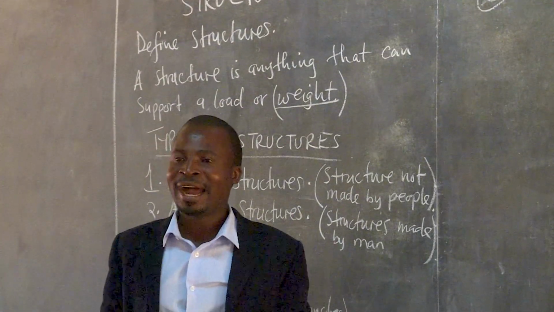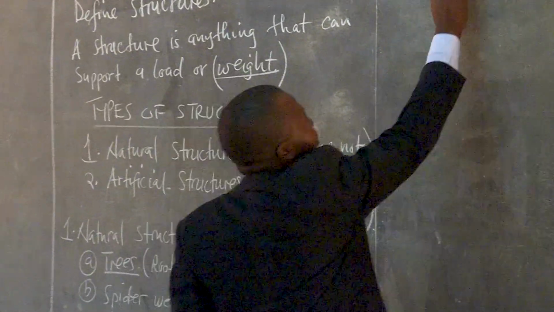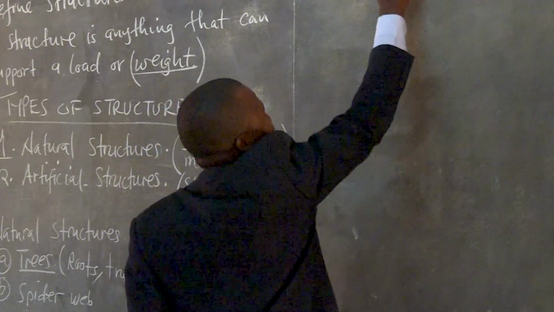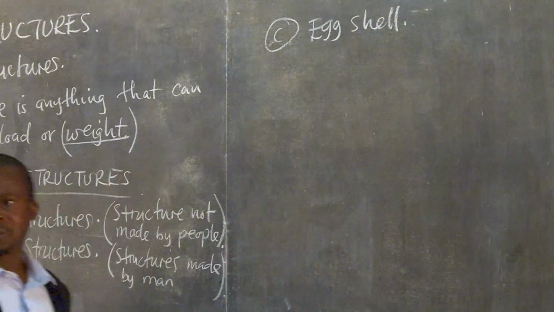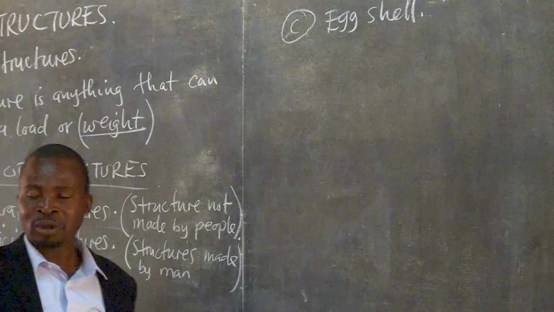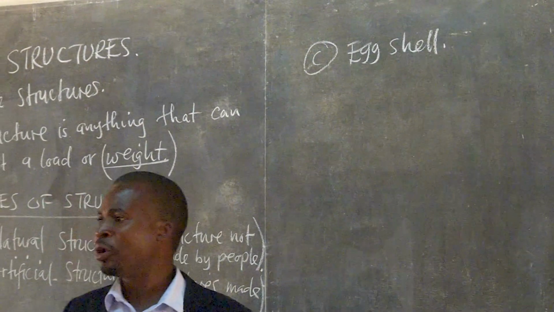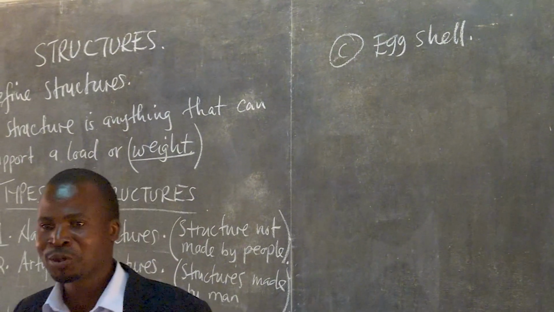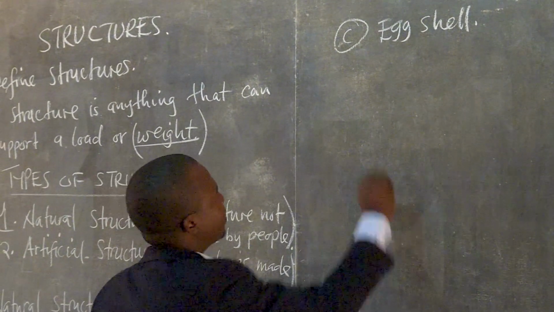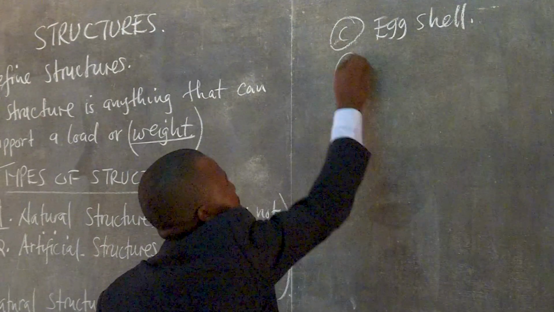What else? An eggshell. An eggshell is also a natural structure. We know the shell of an egg. That shape was not made by man. What else?